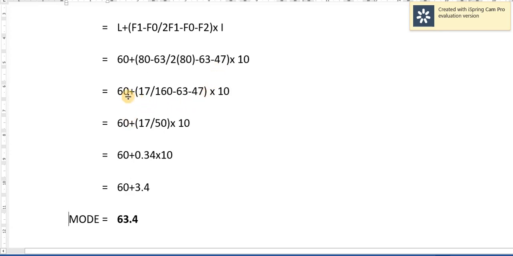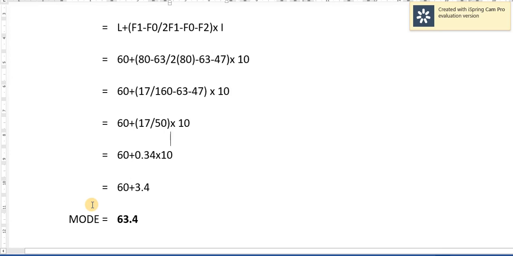Then 60 as it is, plus 17 divided by, if you deduct 160 minus 63 minus 47, it becomes 50, into 10. Then 60 plus 17 divided by 50, which is 0.34, into 10. Again 60 as it is, plus 0.34 into 10 becomes 3.4. Then mode is equal to 63.4.